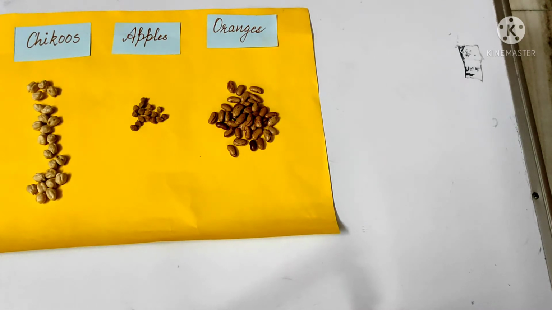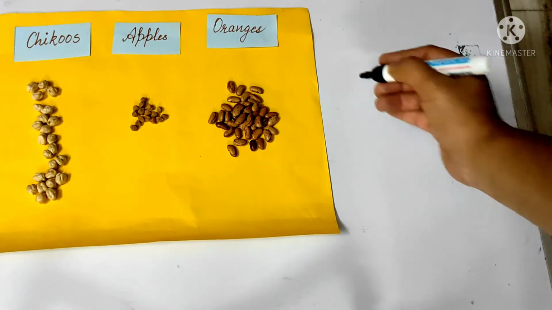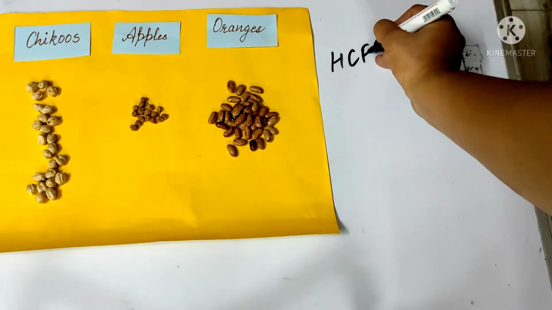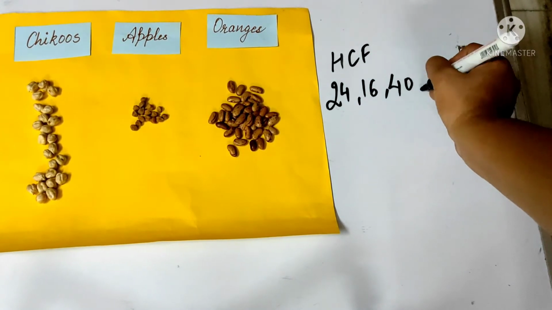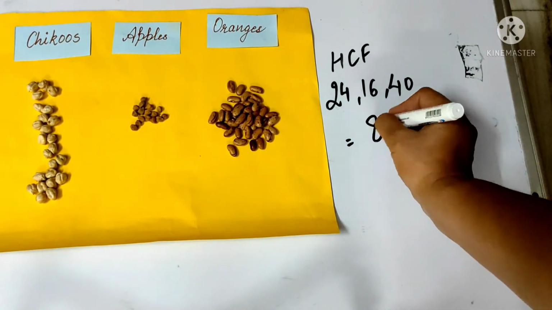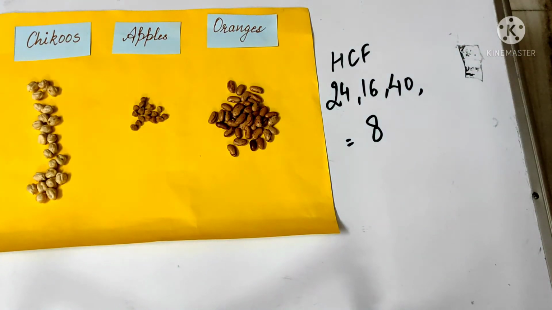Now let us calculate the HCF of these three numbers. You can use the method which I specified in the previous video. So the HCF of 24, 16 and 40 comes out to be 8. 8 is the highest common factor which can divide all three numbers.